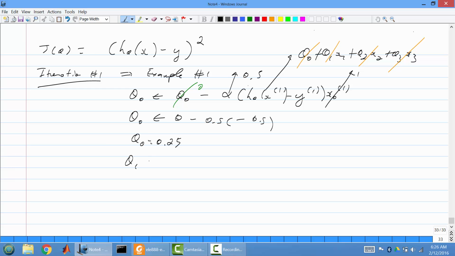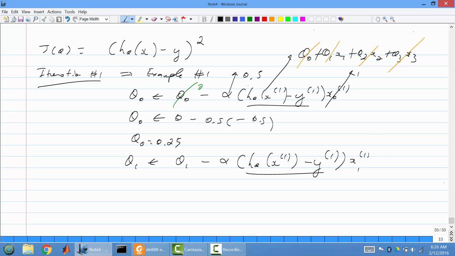Then you're going to update the next parameter using the same rule. Notice that the difference between the hypothesis and the first example's output is constant throughout each of them. So all you really have to do is substitute 0.5 into here, but then you have to change the feature so that it is the first feature now instead of the 0th feature.